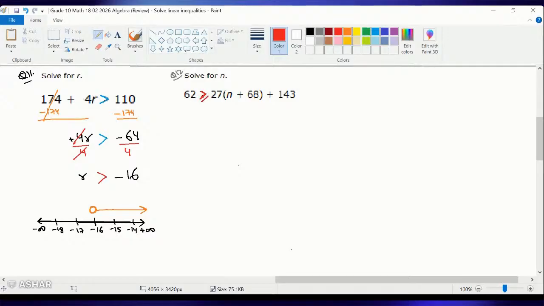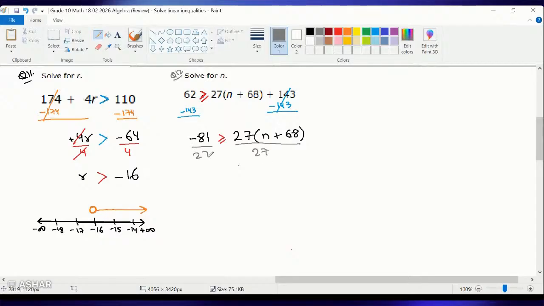So if we had a plus 143, we can subtract 143 on either sides. 62 minus 143 would be a negative number. That comes out to be negative 81 is greater than or equal to 27 times (n plus 68). Since we can see 27 is a number that's being multiplied by the bracket, right? So we divide both the sides by 27.